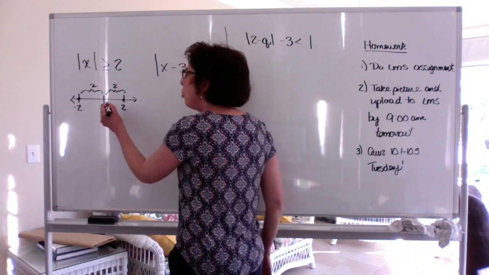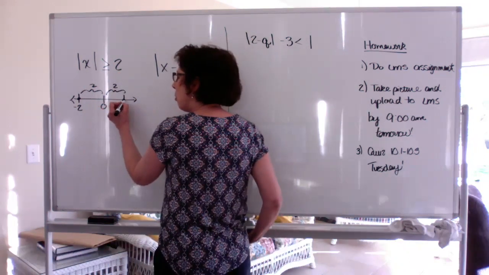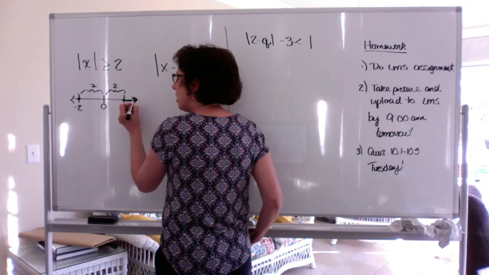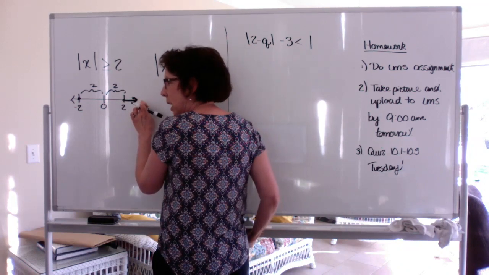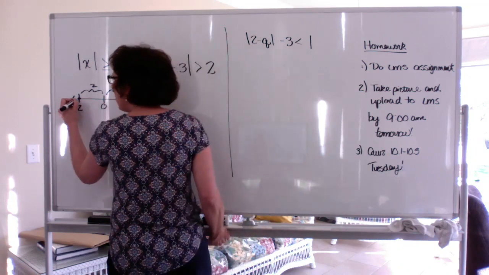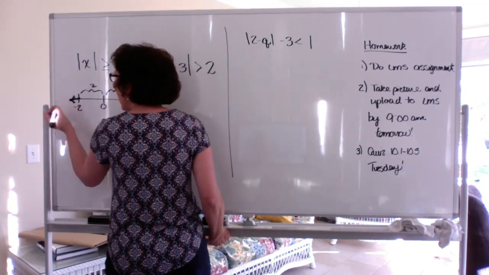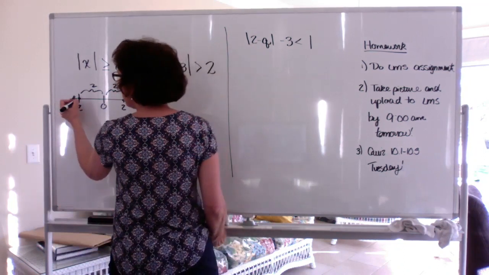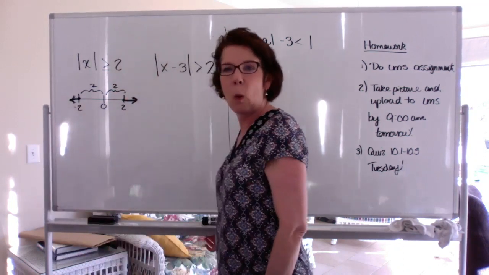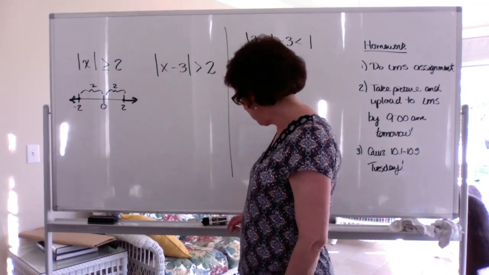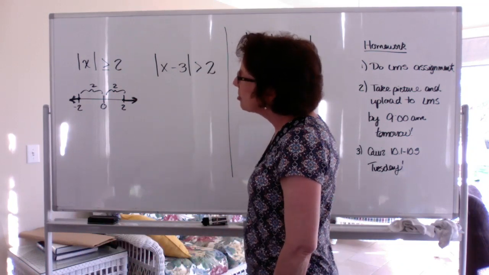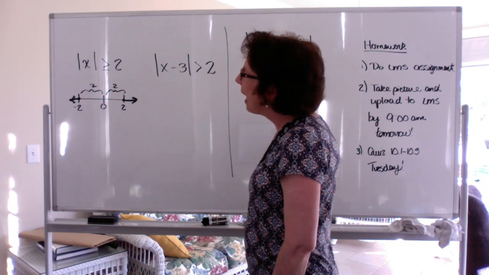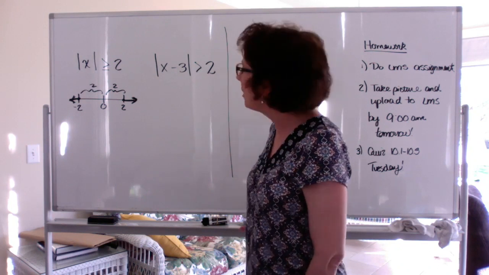So for it to be greater than 2 units from the origin, I would go this direction, because all the numbers here are going to be more than 2 units away from the origin. Same thing over here. That's a closed circle. I'm going to graph all numbers from -2 going to the left. So that is how I graph a greater than inequality.